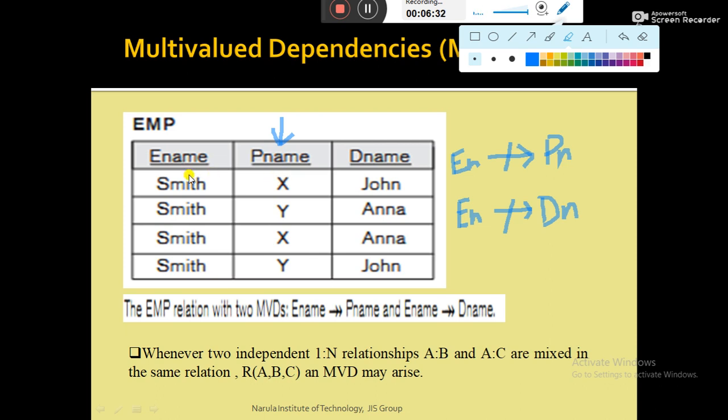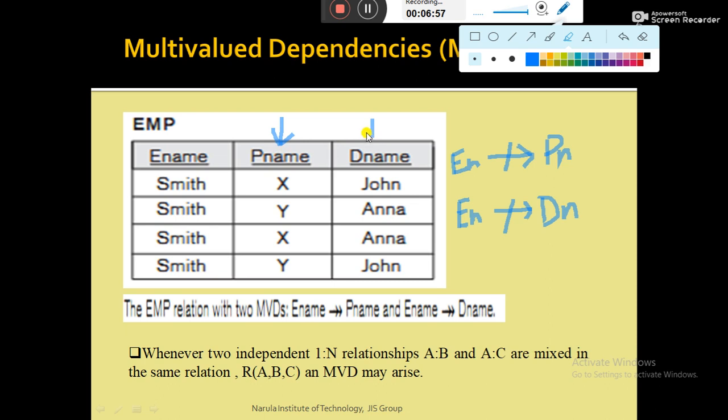If you consider a specific entity or specific record, for example Smith, then for Smith, against the pname we have multiple values. One value is X, other value is Y. So for the particular record Smith, we have multiple values of pname, X and Y. So pname is a multi-valued attribute.